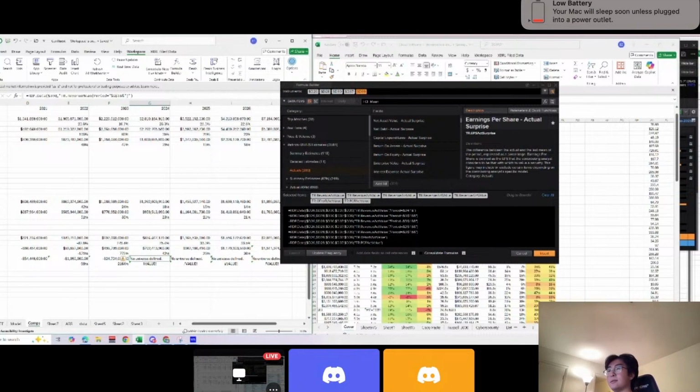Let's see, D30. My thinking is maybe analysts are also a bit over-optimistic about whether or not these companies can generate free cash flow in the current quarter, or I guess in the year.